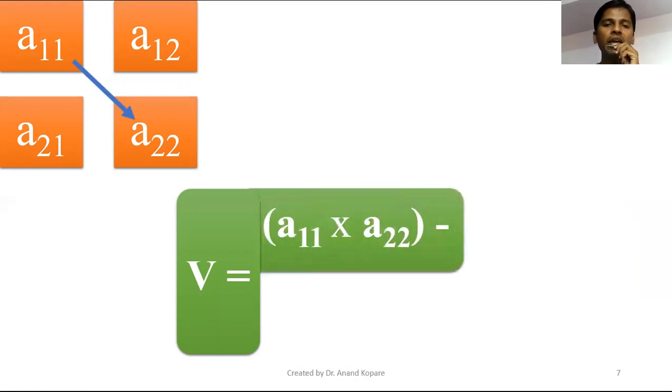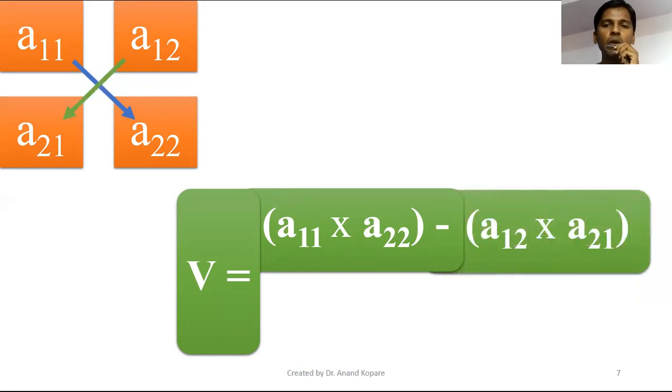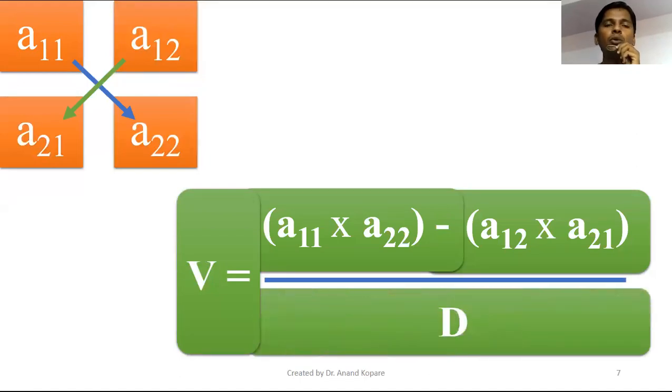So V is equal to A11 into A22 minus A12 into A21, divided by D. This is how you find the value of D, value of P, value of Q, and value of V. How and when to convert the entire matrix into a 2 by 2 matrix, for that you have to attend my next session.